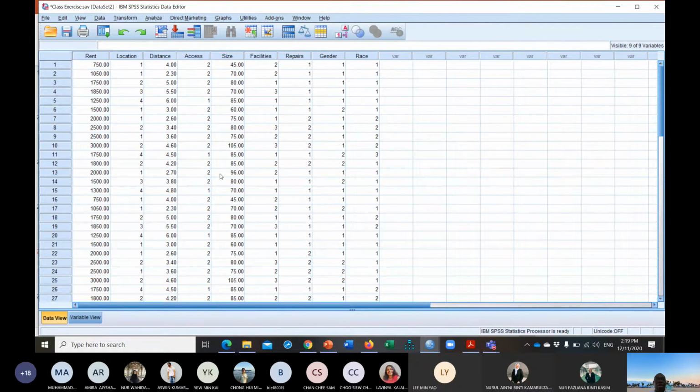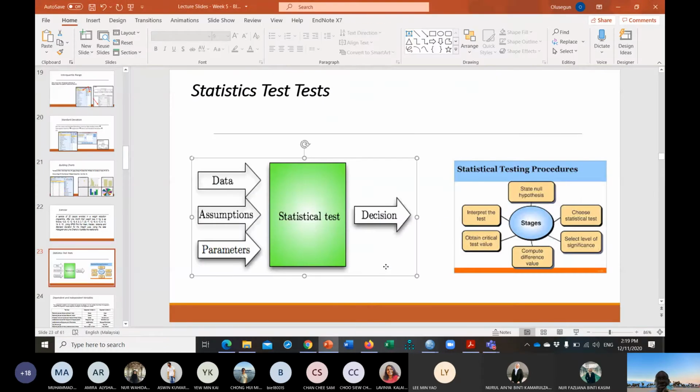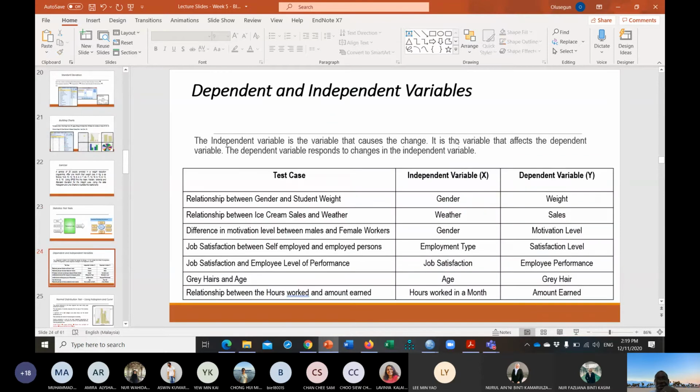So from here, we can begin to do our analysis. When we get to analysis, we can start from descriptive.